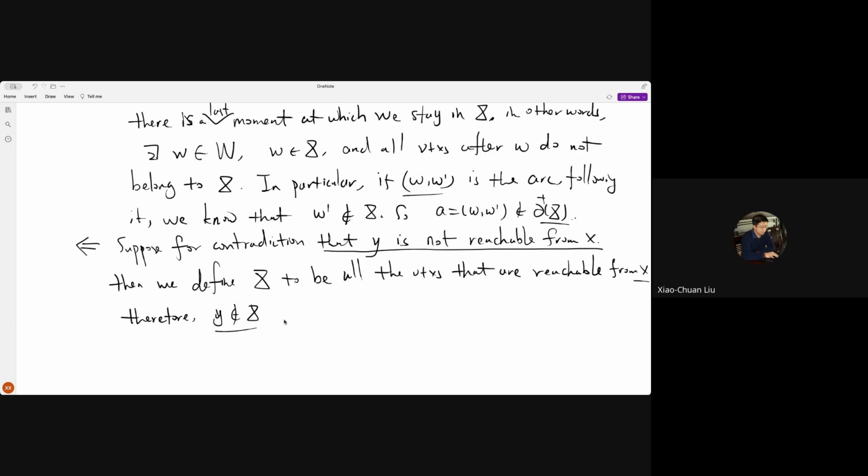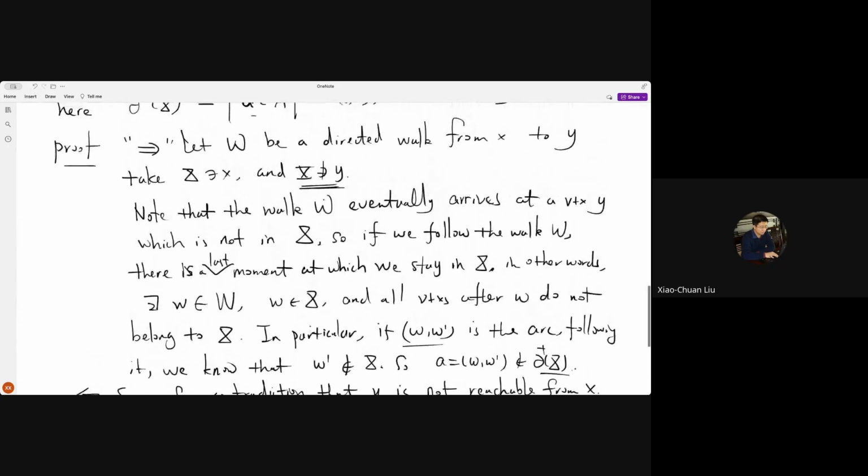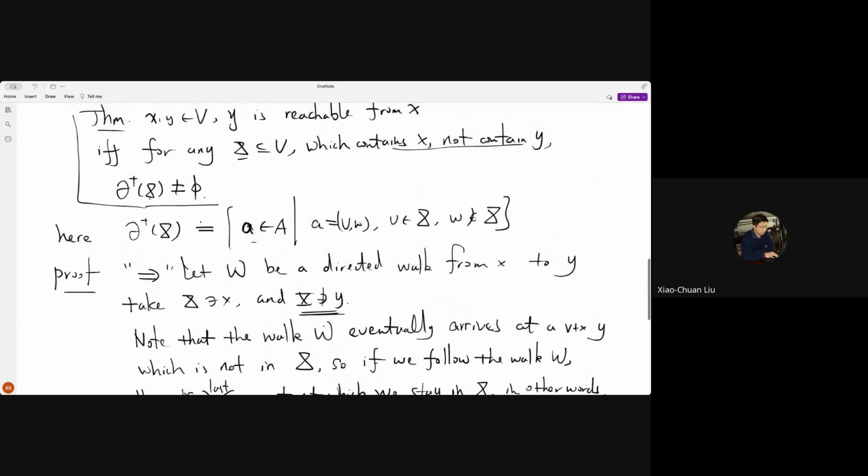Because we assume that y is not reachable, and we take all the vertices that are reachable and call it X, therefore y is not in X. And x is in X. This is obvious because you don't need to move; you reach x by a zero-length walk. You stay there. So this X, we want to show that it actually has empty out boundary.